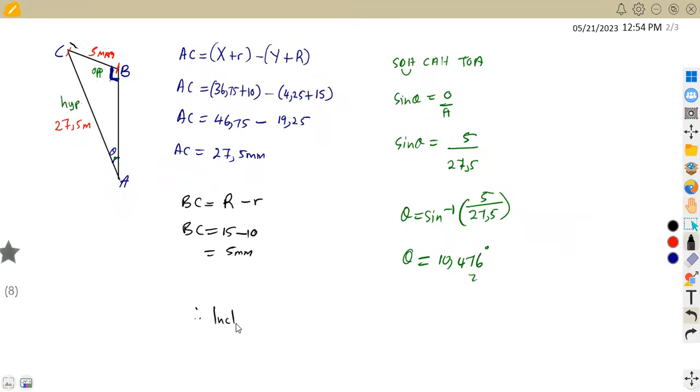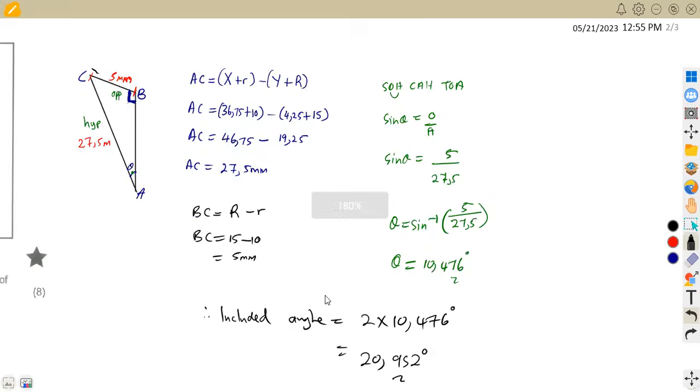Therefore, our included angle is going to be equal to 2 times this angle, 10.476 degrees, because we calculated one of the thetas. So this is going to be 20.952 degrees. Okay, so this was the included angle.